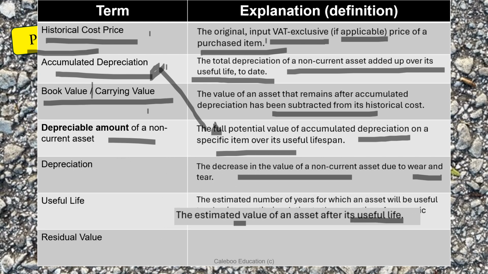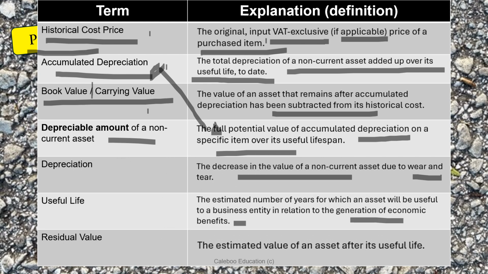And what is residual value? It's the estimated value of an asset after its useful life. What will the car be worth after 4 years if that's its useful life, if that was agreed upon?